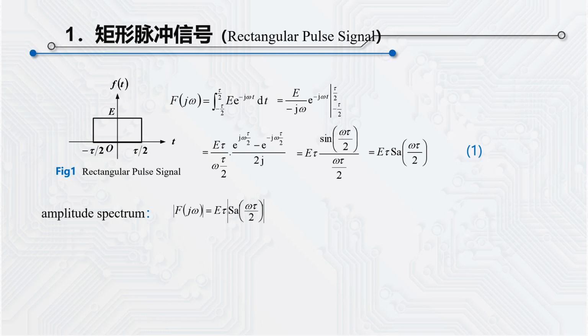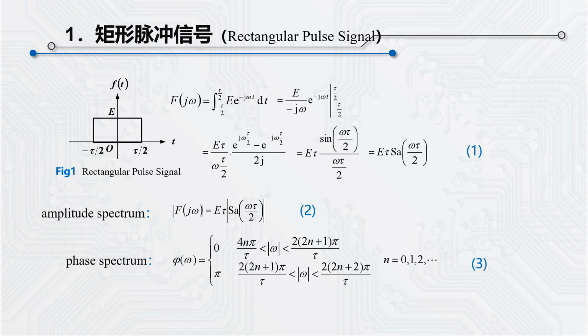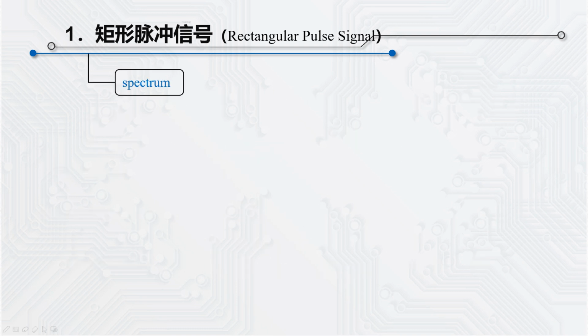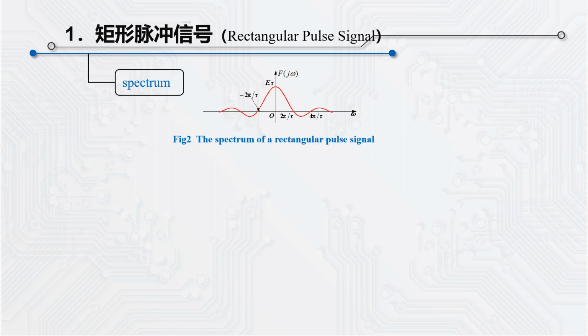This is its amplitude spectrum as shown in Formula 2, and this is its phase spectrum as shown in Formula 3. Let's take a look at its spectrum. Figure 2 is the spectrum of a rectangular pulse signal.